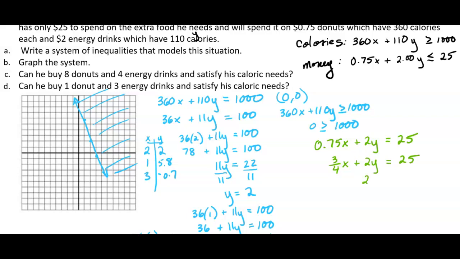So 2y, I'm going to put it in slope-intercept form, equals negative 3/4 x plus 25. Now the bad news is I have to divide these by 2, so it's like multiplying by 1/2. Anyway, y equals negative 3/8 x plus 12.5.